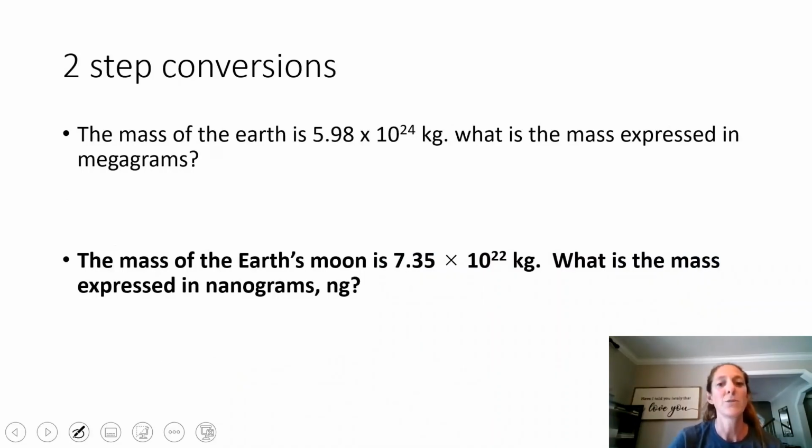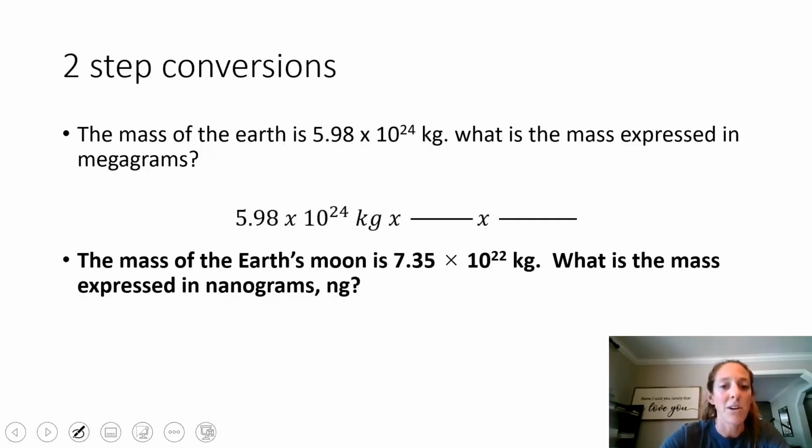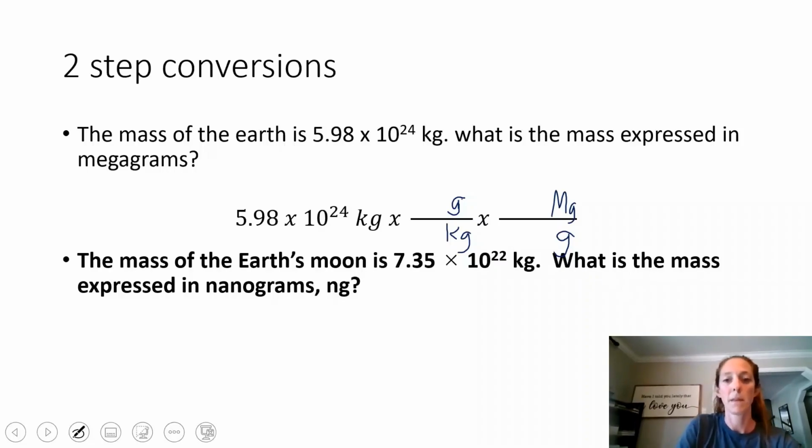Try these 2-step conversions. If I know the mass of the Earth is 5.98 times 10 to the 24th kilograms, what is that mass in megagrams? So I'm starting with kilo. I got to get rid of my kilograms, and I want grams. Then I would say, okay, then I got to go from grams to megagrams. Put in a 1 next to my prefixes.